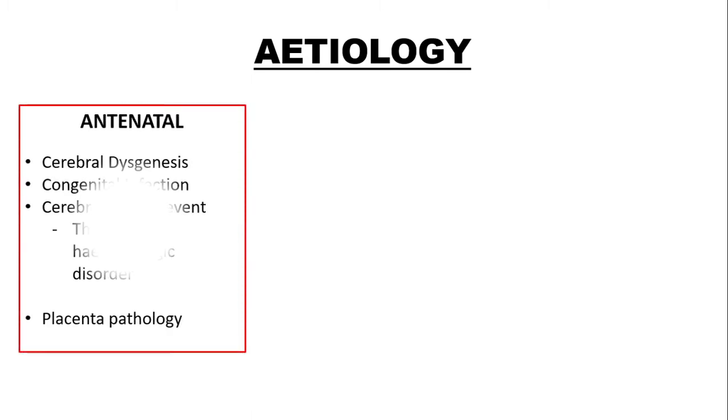The definite cause is unknown in many children. The known causes of CP can generally be divided into three timings of events, which are antenatal, intrapartum, and postnatal. Examples of prenatal causes are cerebral dysgenesis, congenital infection such as TORCHES, cerebral vascular events such as thrombotic or hemorrhagic disorder, and placental pathology such as placental abruption and placenta previa.